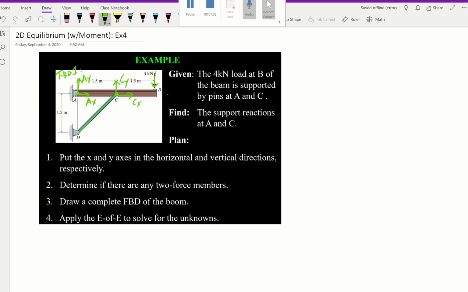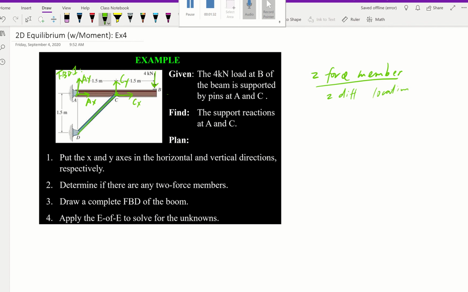The reason behind it is we didn't see one special feature, which is the two force member. One of the videos earlier is just about two force members. A quick review: a two force member is a member that has forces acting on two different locations, right?